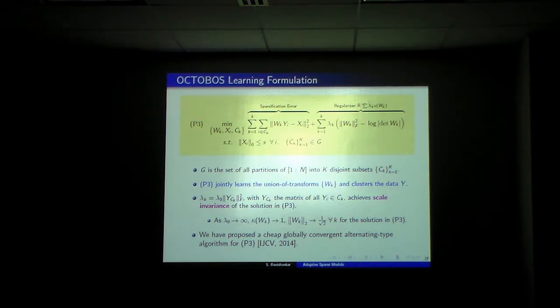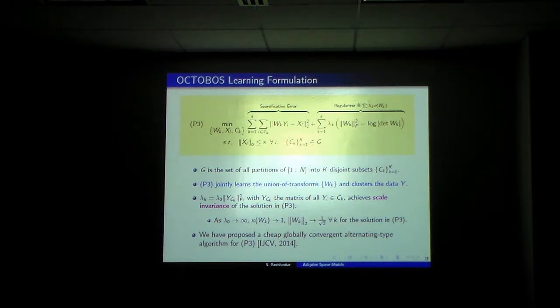The goal is to automatically cluster the signals into different classes and learn transforms for the signals in those classes all simultaneously. In the sparsification error, you sum over all i belonging to a particular class C_k, and then you sum over all the classes. Here we have K classes, usually capital K. And then you have a regularizer which also splits up into regularizers for the different transforms.